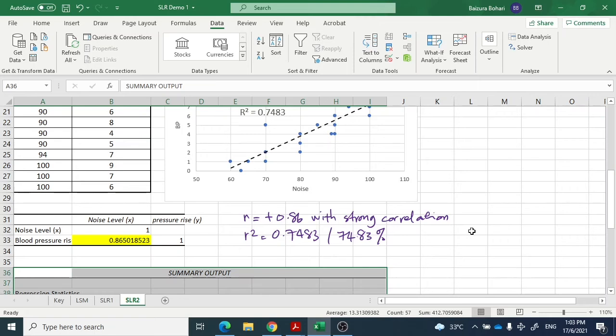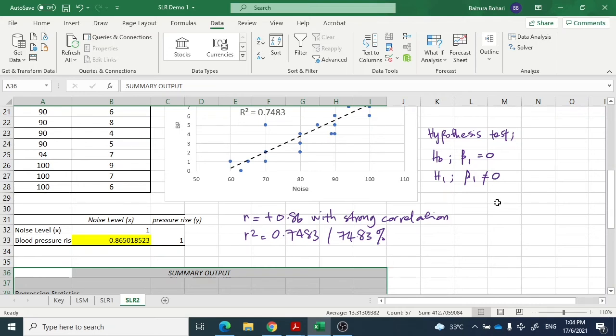Then, before we go to our hypothesis test, I need to remind you about our null hypothesis. So we have the hypothesis test, where our H naught is when beta 1 equals 0, and otherwise it will be H1 where beta 1 is not equal to 0. To determine these two hypotheses, we will need to see our p-value.